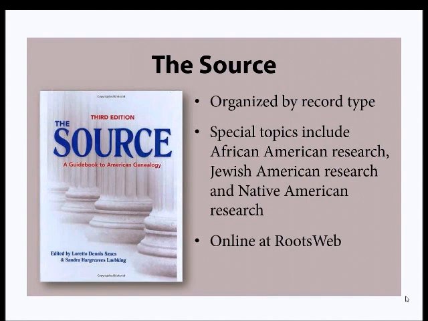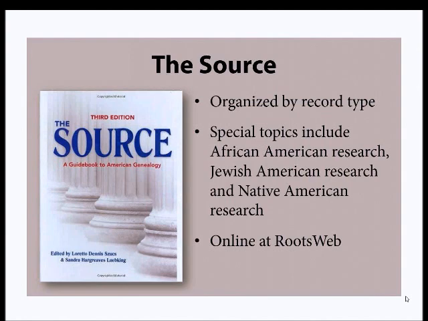Now, if you want to know more about a specific source, you go to the source. This book is organized by record type. So you have a chapter on census records, you have a chapter on vital records, and in addition, there are special topics such as African American research, Jewish American research, and Native American research.